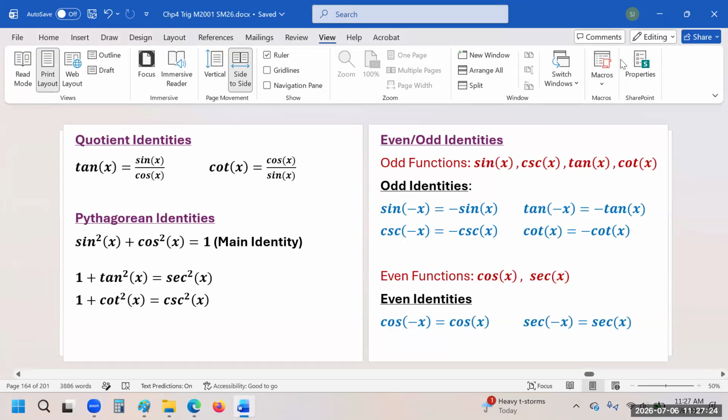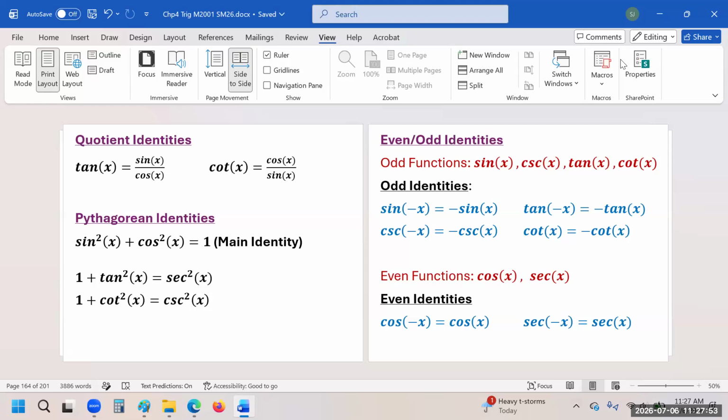And then we have more identities, odd and even function identities. Sine and tangent are odd functions, so are cosecant and cotangent. And the criteria for being odd is that if you substitute x with negative x, the y turns negative. So sine of negative x is negative sine of x.